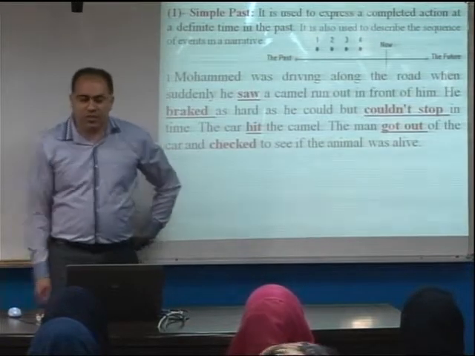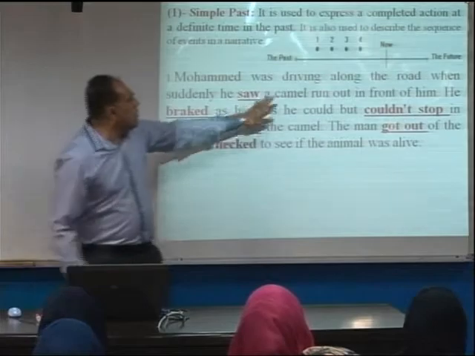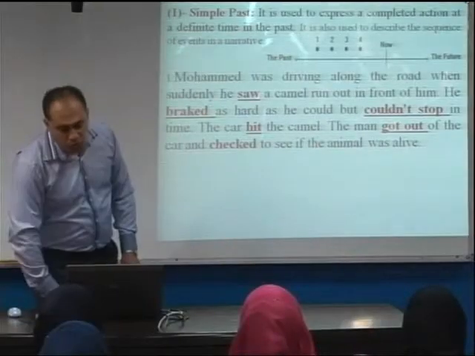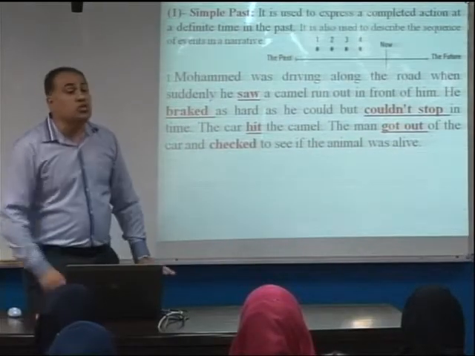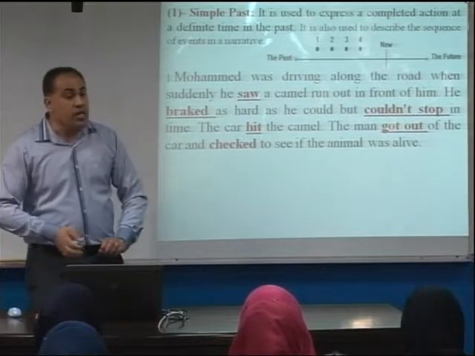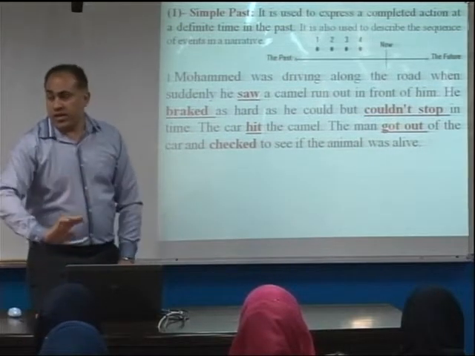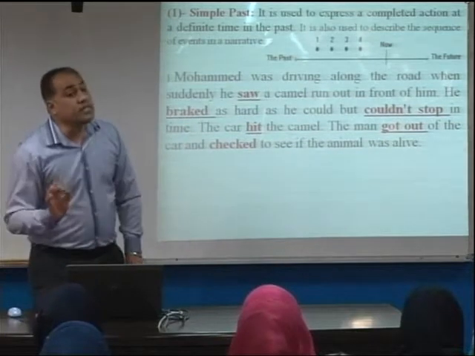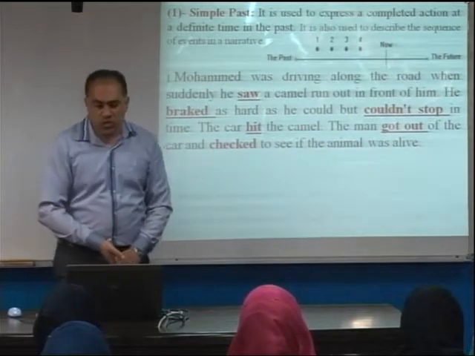Let's consider this sentence. Muhammad was driving along the road when suddenly he saw, not sees, not will see, a camel run out in front of him. He braked as hard as he could, but could not stop in time.